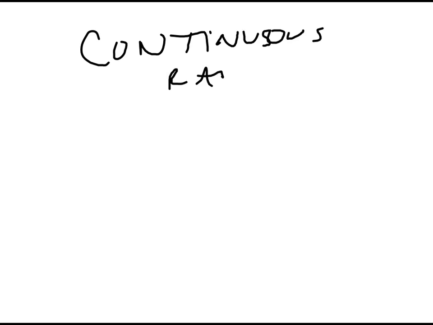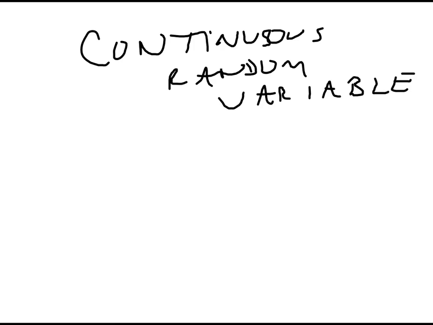This is opposed to a continuous random variable. An example of a continuous random variable could be your age.